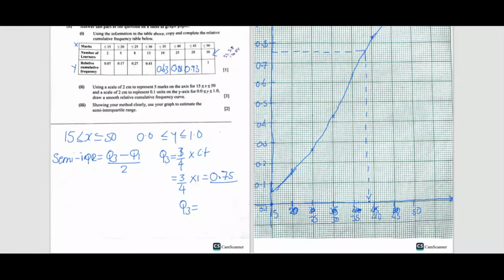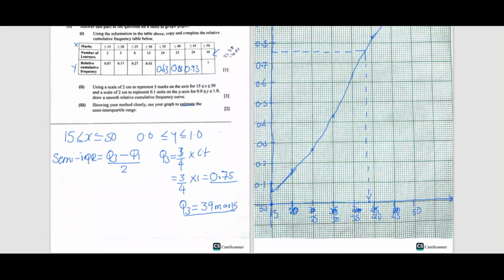So I'm getting 39 as the marks. Now these are estimations. You may find maybe the answer 38.5, 39.5, 38, because we are taught to use our graphs to estimate. So we may not have the exact numbers.